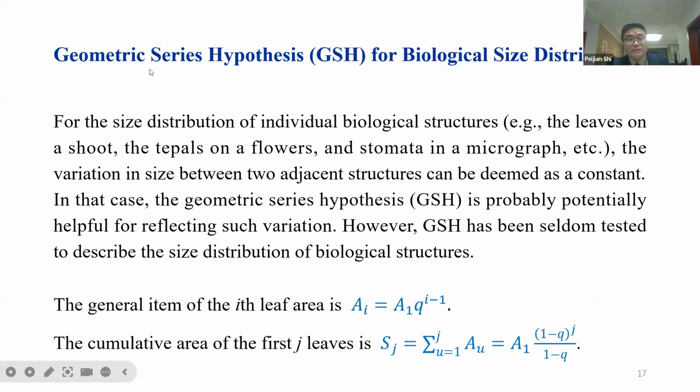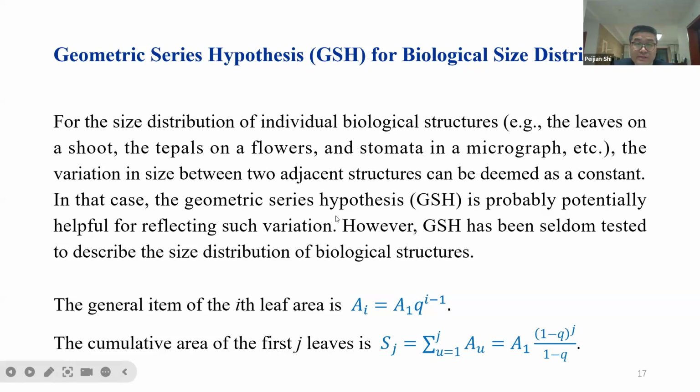Now let us turn to the geometric series hypothesis for the biological size distribution. For the size distribution of individual biological structures, for example, the leaves on a shoot, the tepals on a flower, and the stamens in a flower, the variation in size between two adjacent structures can be regarded as a constant. In that case, the geometric series hypothesis potentially reflects such variation.